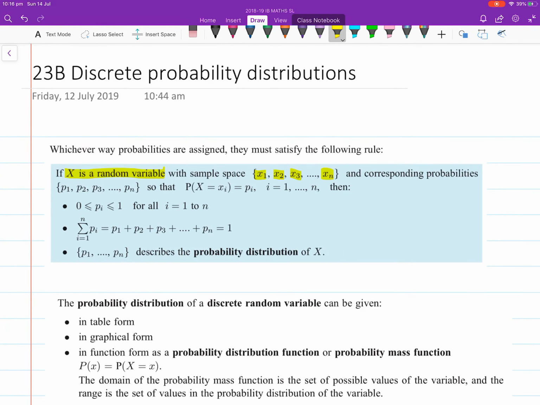And then the probabilities that go with it are going to be like P1, P2, P3, etc. up to Pn. Okay, so that might be like a half, a quarter, etc. And so we write it like this.